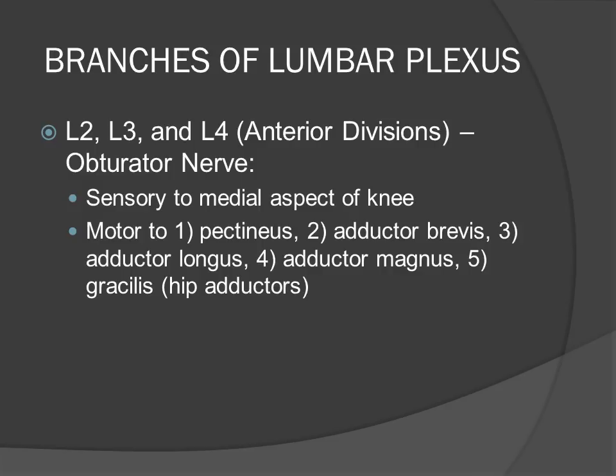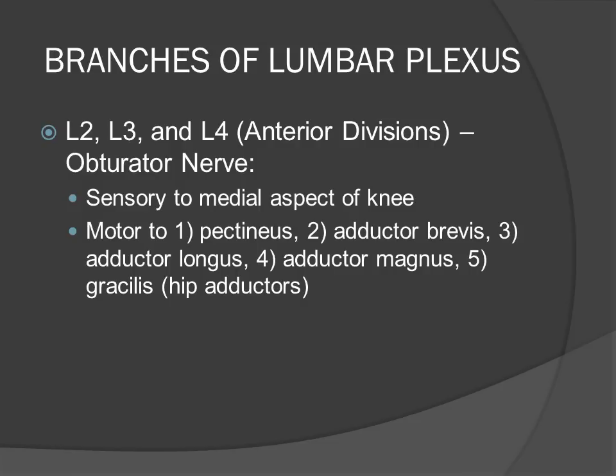It's sensory to the medial aspect of the knee, and it's also supplying motor fibers to hip adductor muscles, including the pectineus, the adductor brevis, the adductor longus, the adductor magnus, and also the gracilis. And those are known as the 5 groin muscles.